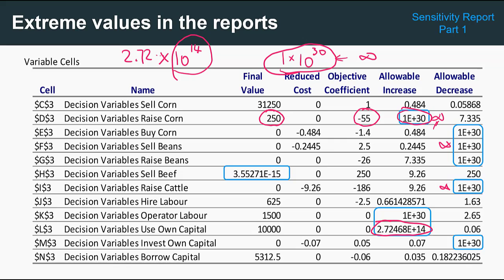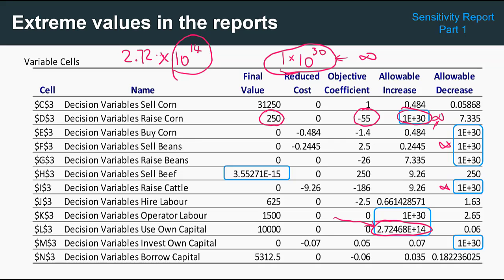So that's the infinity. But you may wonder, this value doesn't seem like infinity, so why do you still say that it's infinity? It's because the way that Excel or the solver gives you the solutions to linear programming problems, it usually has some tolerance level. You can actually change that tolerance value, but most of the time it's very small.